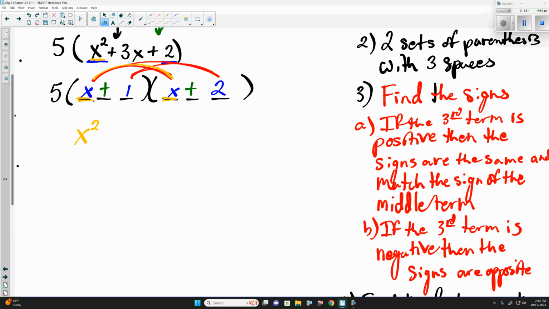So we'll have, well, our next one would be x times 2, which is positive 2x, plus 2x, yes? Then we would do 1 times x, which is plus 1x. And then lastly, 1 times 2 is plus 2.